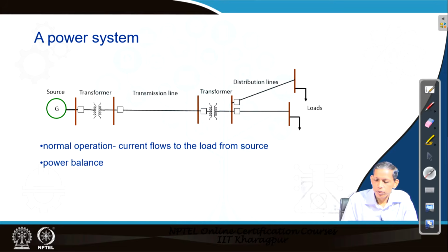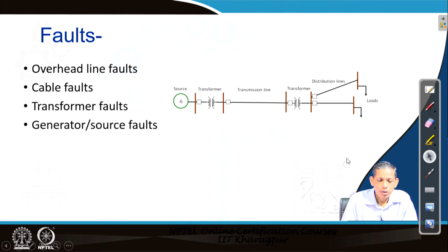Now, such a situation we call faults, and this fault can be in any of the elements in this system. It can be in an overhead line, and if we have different cables connected in a system, it can be in the cable also, like cable joints are more vulnerable, and also faults can be in any of the transformers.